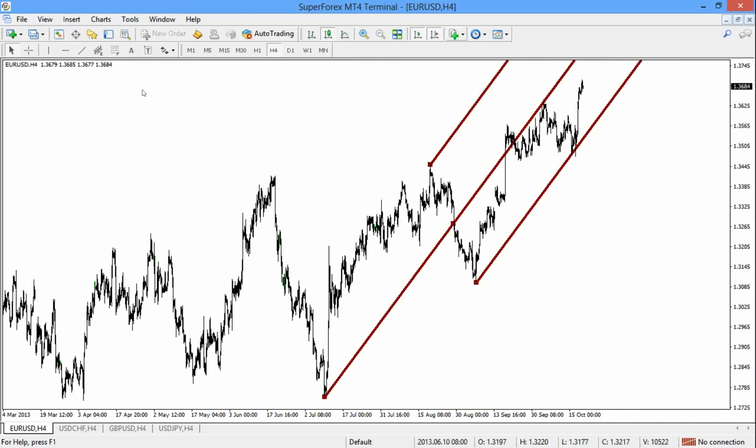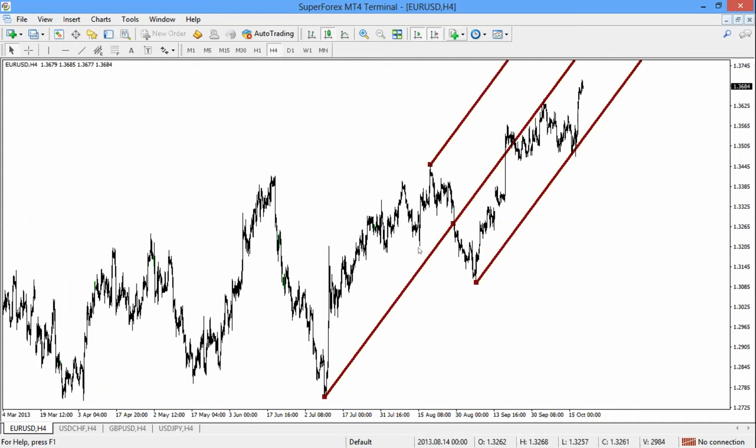The pitchfork has 3 points. The first is the median line. The second is the upper line. And then the third is the bottom line. All these lines, use them to trade. The most important line is the median line.